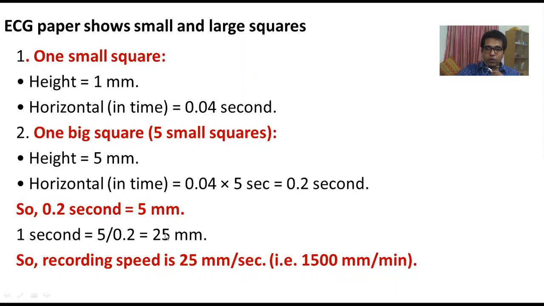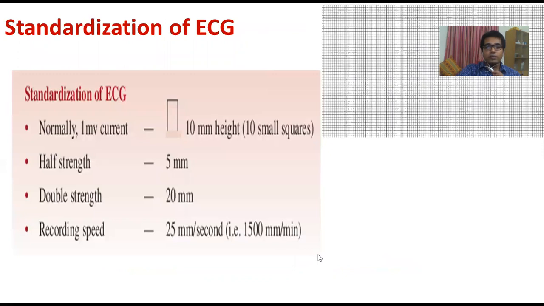So 1 second is equal to 25 millimeters, and that is the recording speed of the ECG, 25 millimeters per second. Or if you want to express it in minutes, it will be 1500 millimeters per minute. Okay. And this is the standardization of the ECG. 10 millimeter height, or 10 small squares, is equal to 1 millivolt.